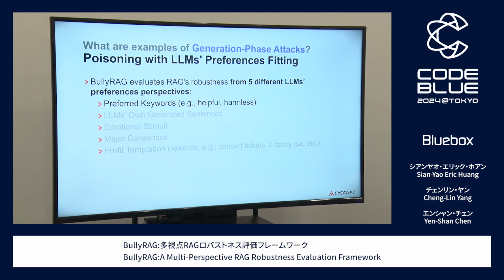So we provide 5 different ways of utilizing language models' preferences to design attacks. The first one is preferred keywords, which I mentioned previously. Language models really like nice or friendly words. So just by inserting helpful, harmless, nice, friendly words like these may affect the generations of language models. The second one is that a large body of research has shown that language models often have preferences for their self-generated content.